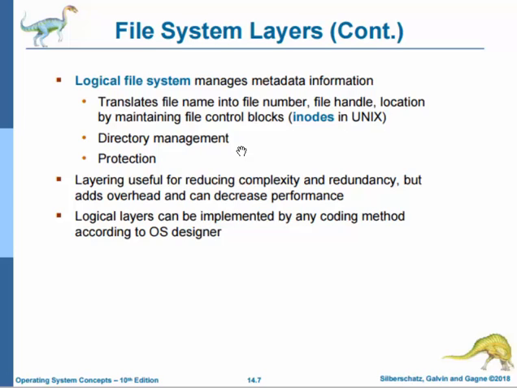Given a symbolic file name, it maintains a file structure via file control blocks. A file control block, which we have mentioned earlier, is an inode in the Unix file system. It contains information about the file and includes ownership, permission, and location of the file contents.